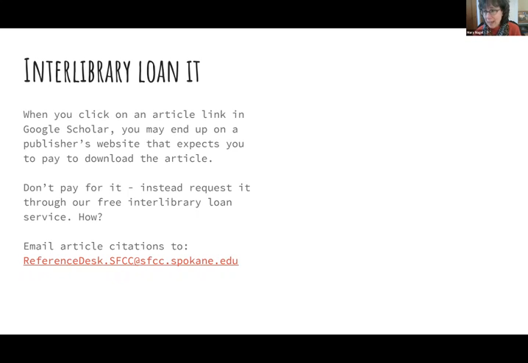I would need all of that, plus your full name and student ID. Then I can make the request for you. When it's filled, an e-copy goes to your email address. Generally, the turnaround time is pretty good, usually within 24 to 48 hours.